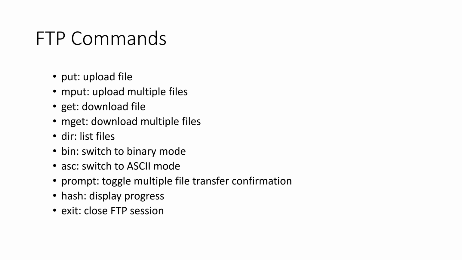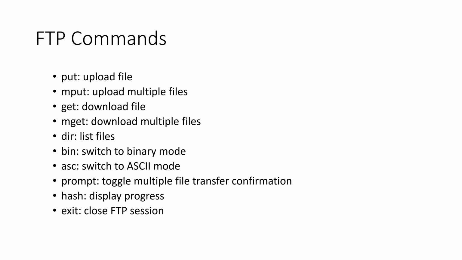FTP provides a set of simple yet powerful commands to manage file transfers. Put uploads a single file, mput uploads multiple files, get downloads a single file, mget downloads multiple files. dir lists the contents of the remote directory. Bin switches to binary transfer mode for images, videos, or executables.